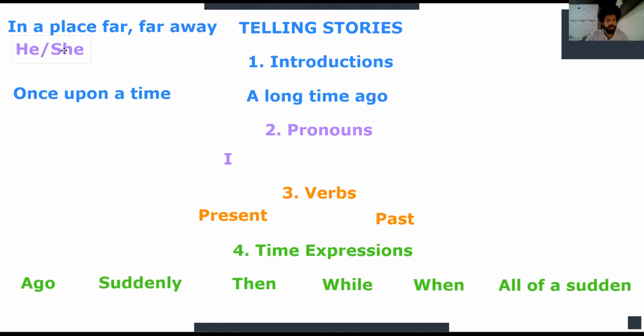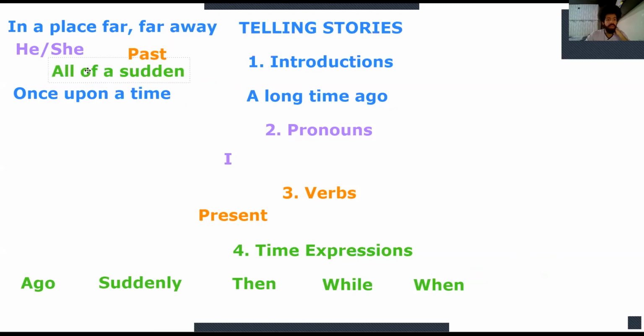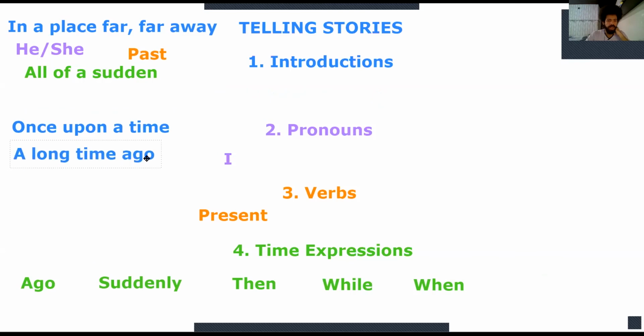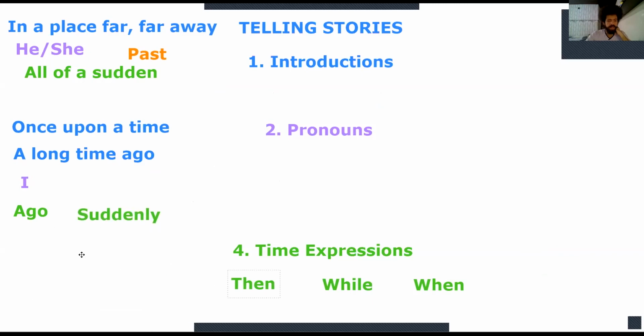He and she. I'll use past because we are gonna work with past, and I'm gonna use all of a sudden. Okay? These others, we're gonna leave here. This no, we're not gonna use the present. So anyway, I'm gonna just delete this. And these time expressions I'm gonna put here because we're not using them now.